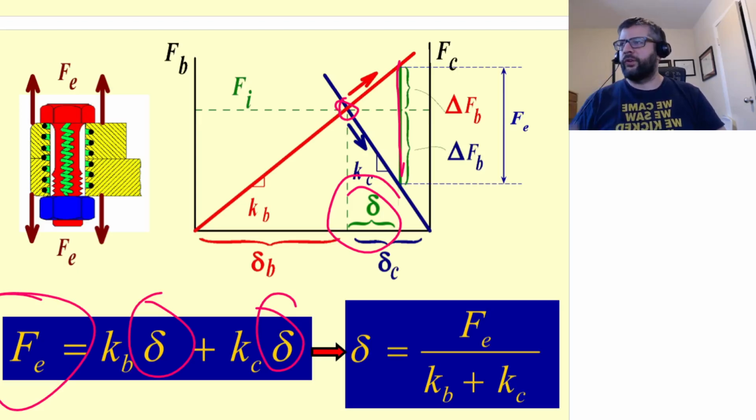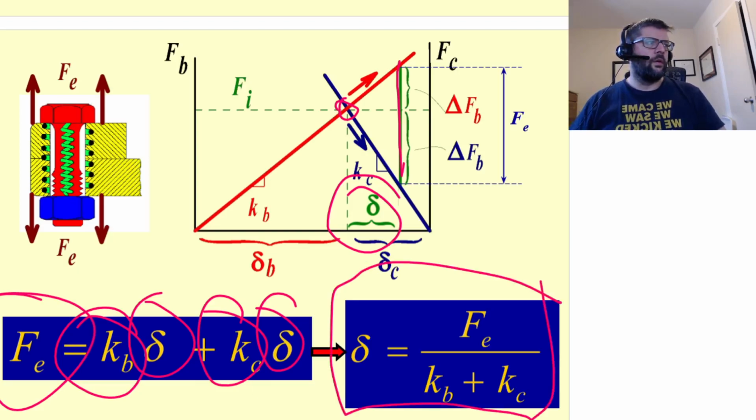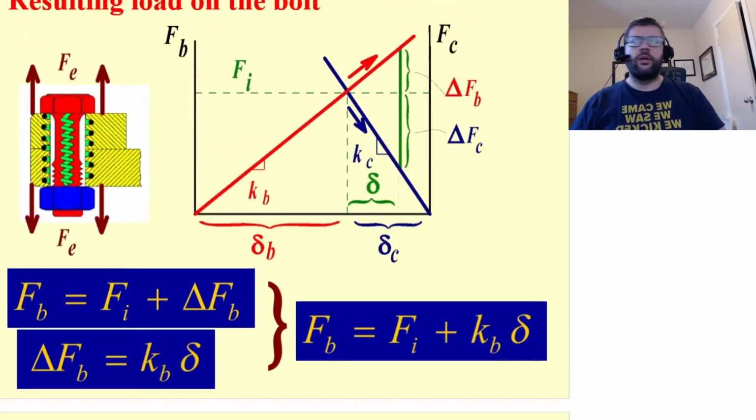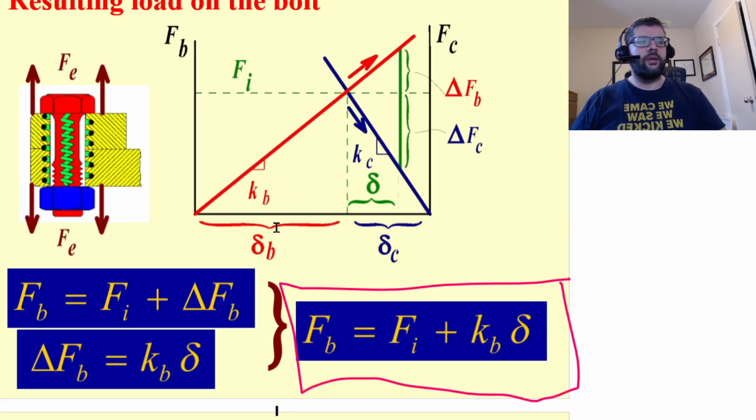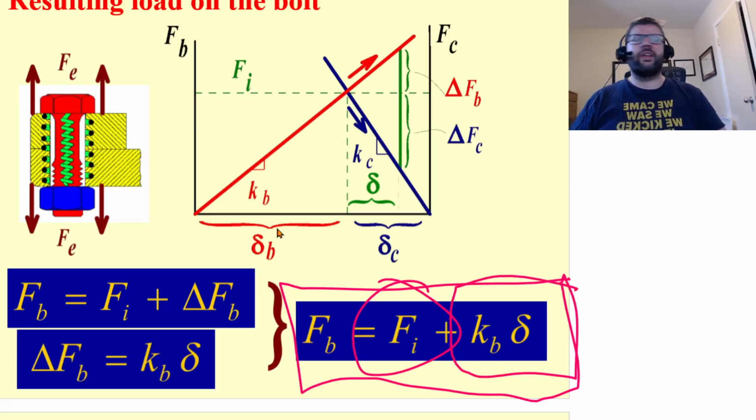And then the amount of force that's used to cause that displacement is based upon the stiffness of the bolt, which we're going to call KB, and the stiffness of the joint, KC. So the effect that has on the load of the bolt is that our new load on the bolt is based upon the initial load plus the KB times that delta.